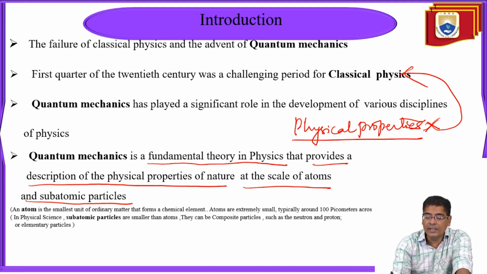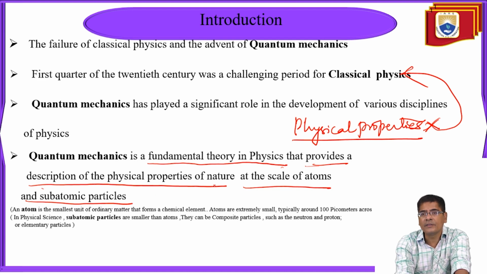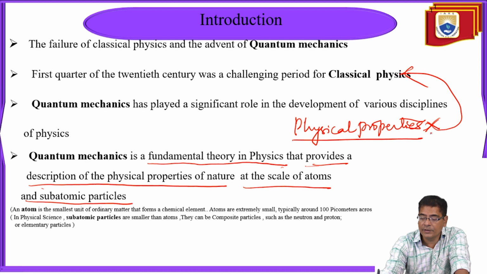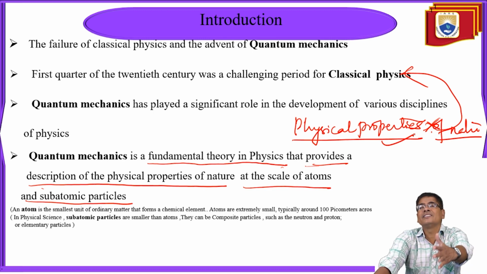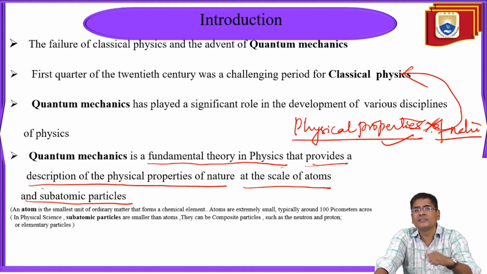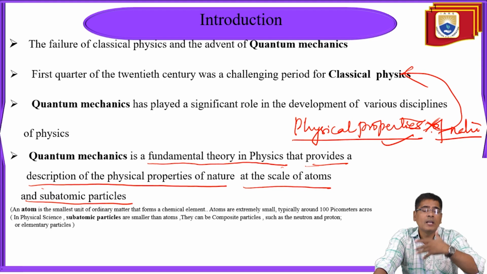Quantum mechanics is a fundamental theory in physics that provides a description of the physical properties of nature. So what are the physical properties of nature? Physical properties of nature are like black body radiation, right? Quantum theory of radiation, right? Compton theory, photoelectric effects. So these are all the things that come under the physical properties of nature.